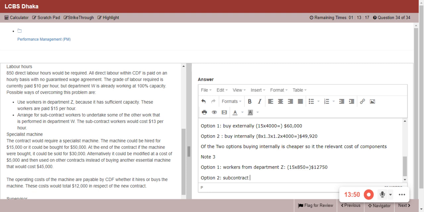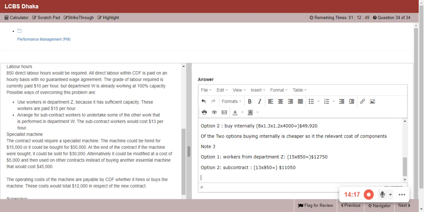If you subcontract W, what would my cost be? $13 per hour, so 13 into 850, which is $11,050.